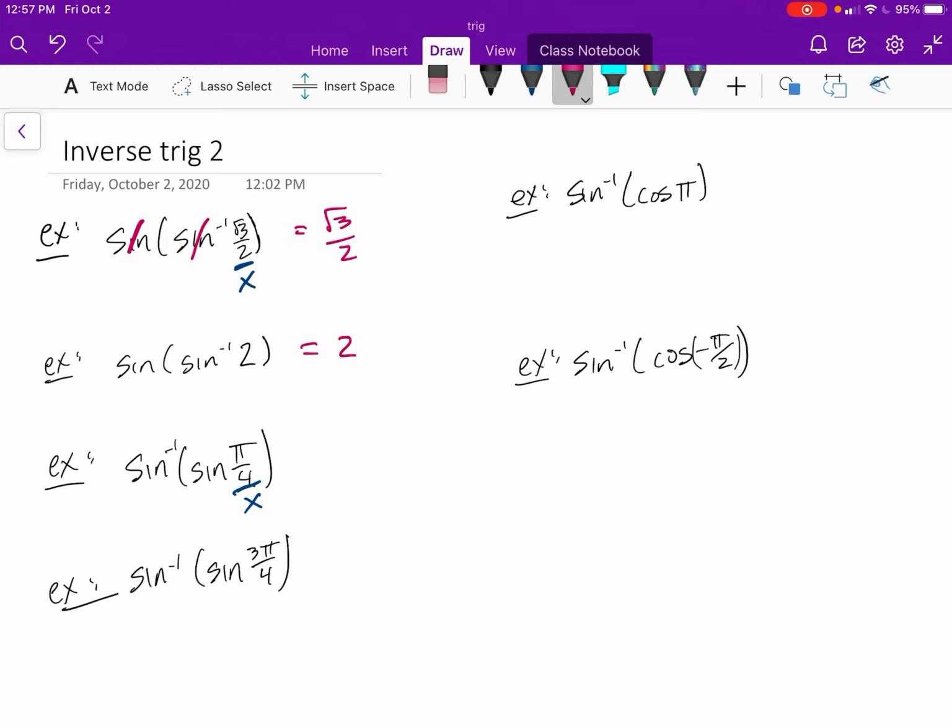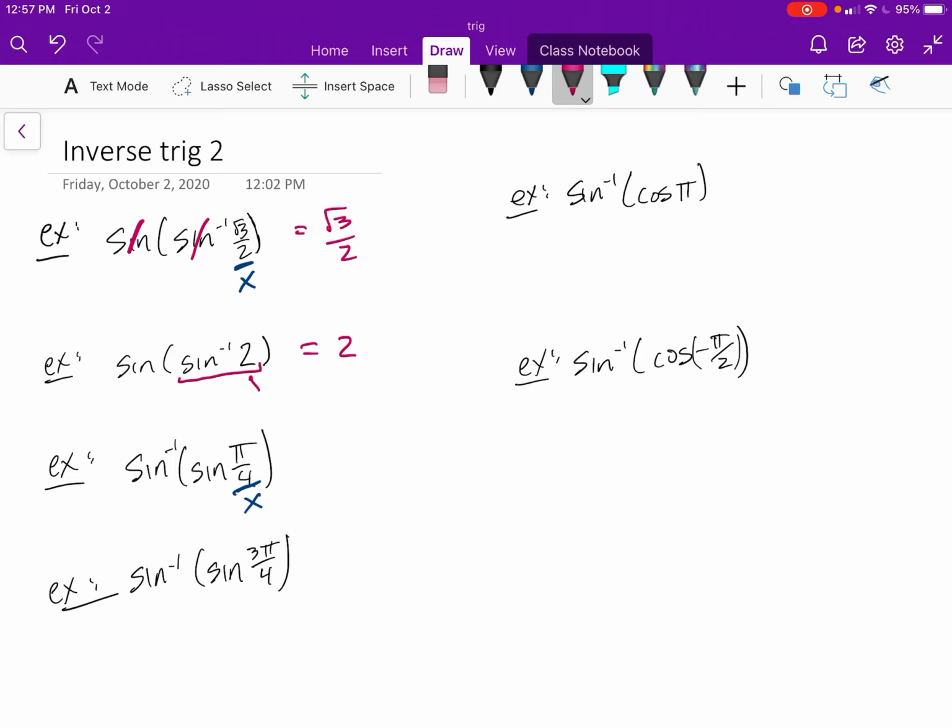However, break this problem down. Order of operations says to do inside the parentheses first, so we need the sine inverse of 2. What angle would yield a sine of that angle equivalent to 2? Well, there is none, right? Because sine only ranges from -1 to 1.